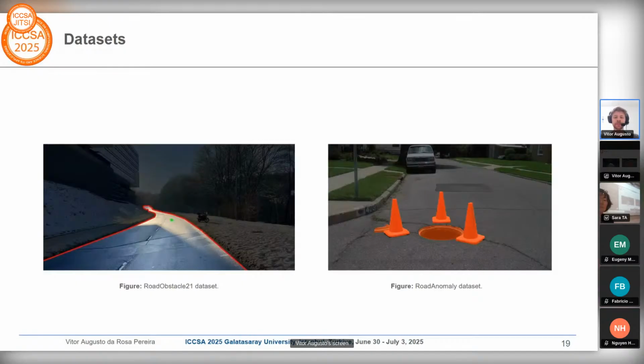And these both figures show the non-obstacle detection datasets. On the left, we can see the Road Obstacle 21, which has two classes, the navigation zone and also the non-obstacle. And on the right, the Road Anomaly dataset, which has segmentation masks for anomalies and non-obstacles.